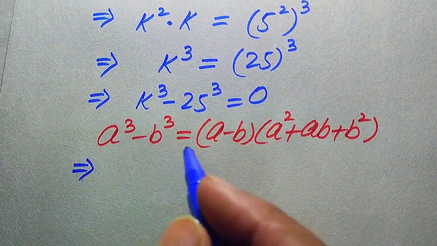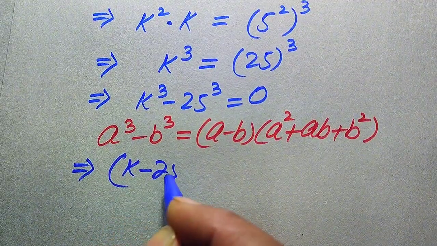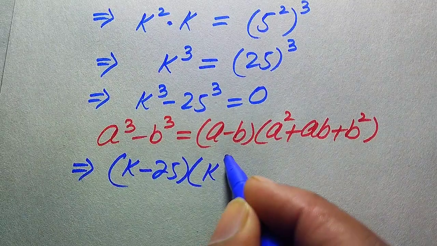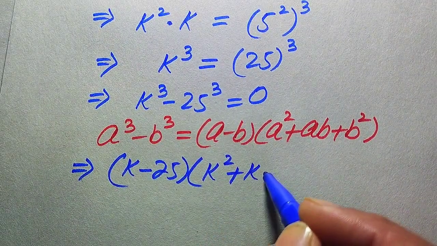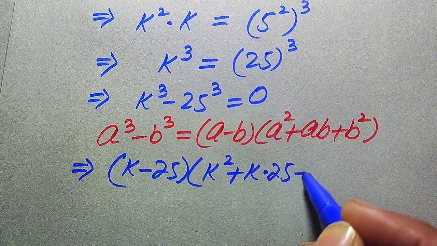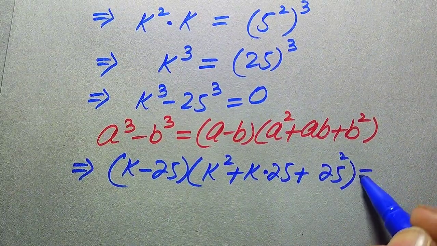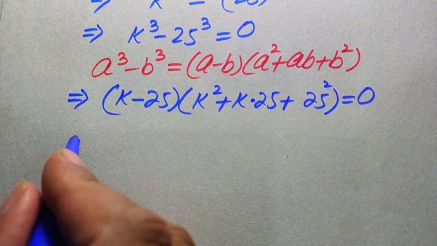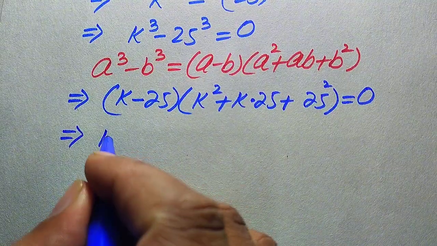So first we have a minus b, the value of a is k and the value of b is 25, and again we have a square, the value of a is k square, plus ab, the value of a is k and b is 25, plus b square, and b is 25 square, and this whole equation is equal to 0. And now in the next step, we need to divide this equation into two cases.